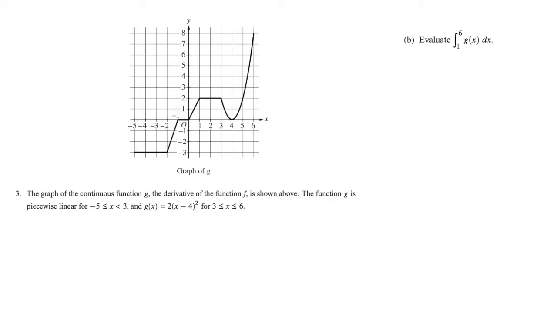In part B, we have to evaluate the integral of g from 1 to 6. This function g has two different functions. From 1 to 3, it's still part of the piecewise function, and from 3 to 6, it is the quadratic function, which means we need to divide this integral into two different integrals.